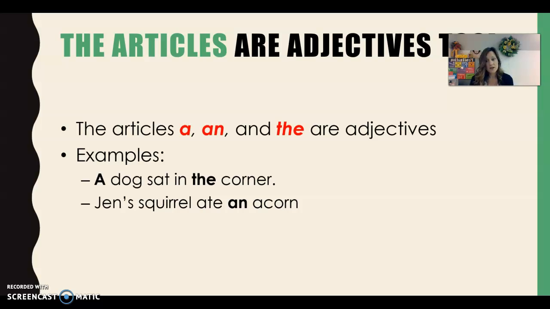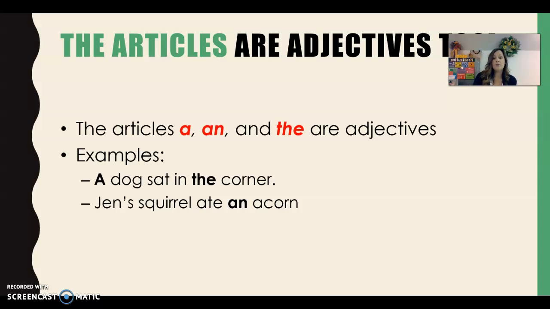All right, so hopefully this gave you a good review of adjectives, and that we'll be able to more easily identify them in sentences and understand how to use them. You are going to be eventually using them in sentences, and that's the whole purpose of learning about adjectives, so that you can apply them to your own writing.